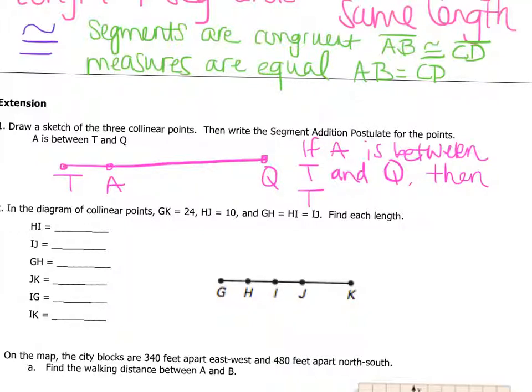TA plus AQ equals TQ. Very good. The first part plus the second part equals the whole. Very good.